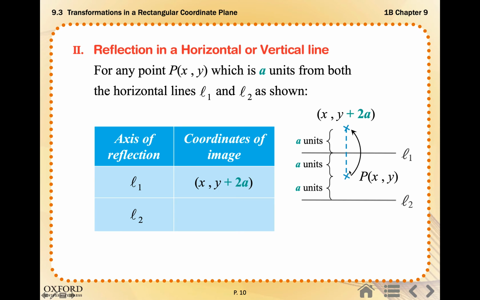That means the distance between these two points. For the reflection, if the distance between point P and L1 is a units, then after the reflection it should go a units more. So the total distance between P and the image of P should be 2a, and it is going up. That's why the y-coordinate should plus 2a.